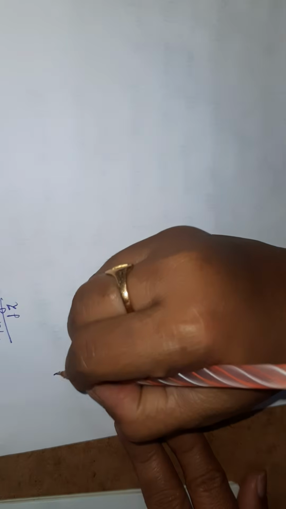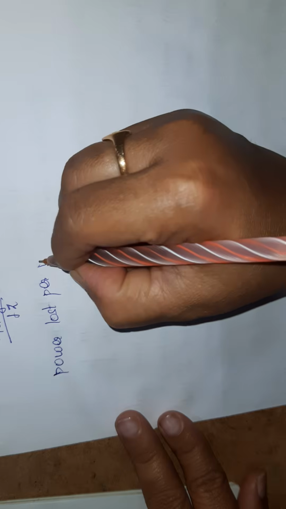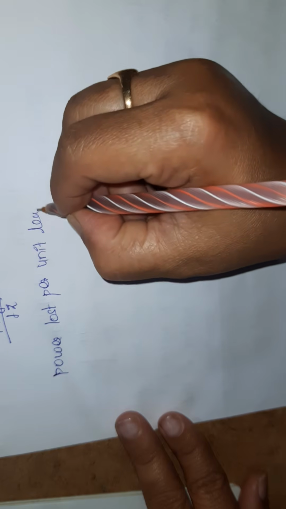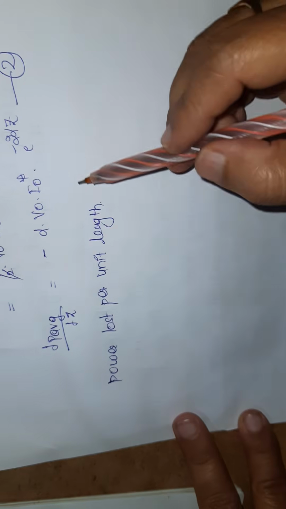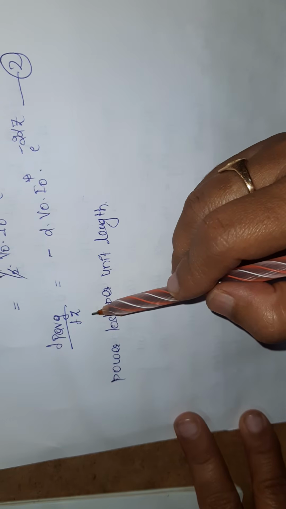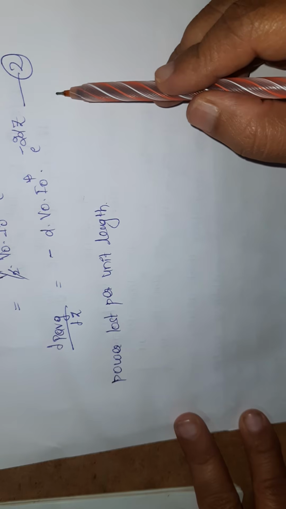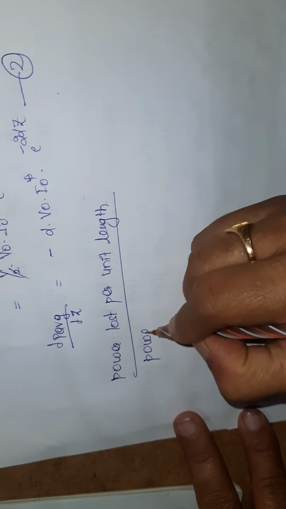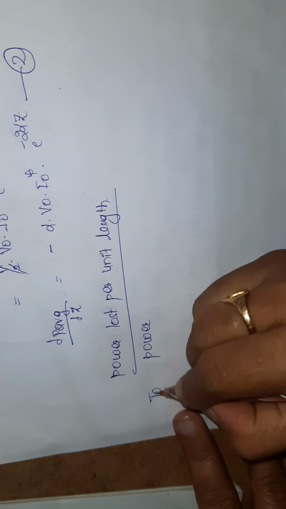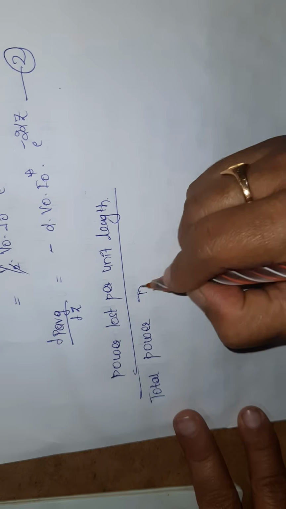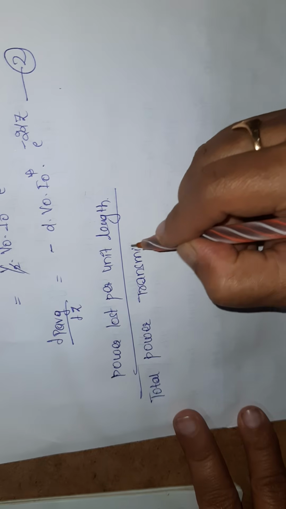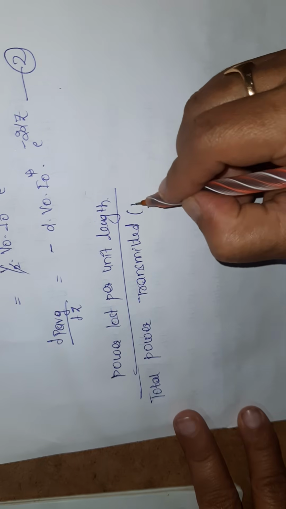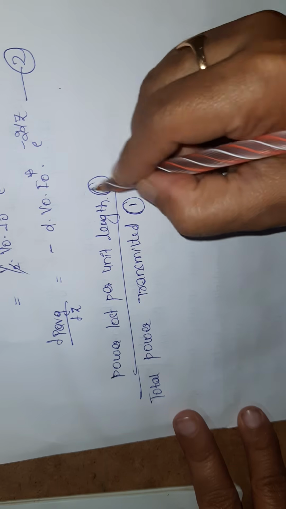So here the power lost per unit length is equation 2, divided by the total power transmitted. The total power transmitted is nothing but P average, that is equation 1, and this is equation 2.